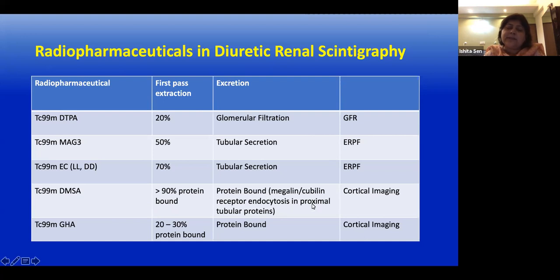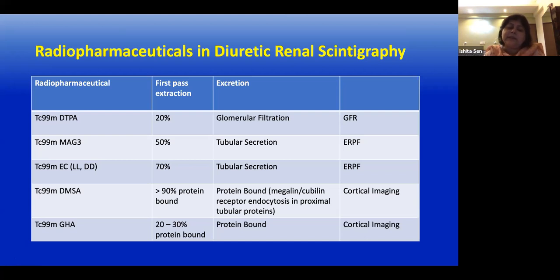DMSA is attached by the megalin-cubulin receptor endocytosis in the proximal tubular proteins. Because these are so highly protein bound, they take time. It takes about 3 hours after injection before we can actually scan these patients. But you get excellent morphological details.